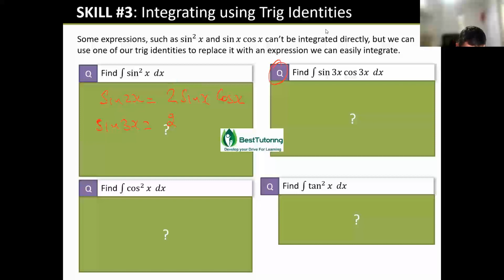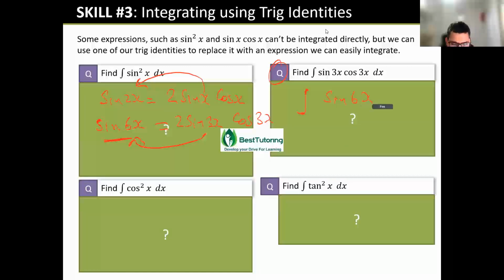So if we have 2 sine 3x cos 3x, this becomes sine 6x. We need to understand the concept that 1 becomes 2, therefore 3 becomes 6 in this case. So this part is going to be sine 6x.